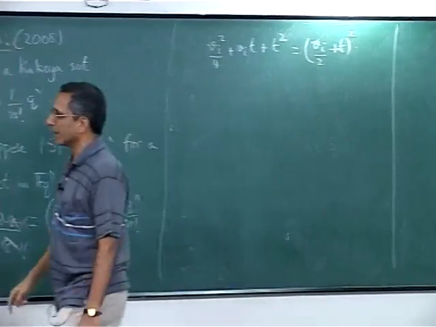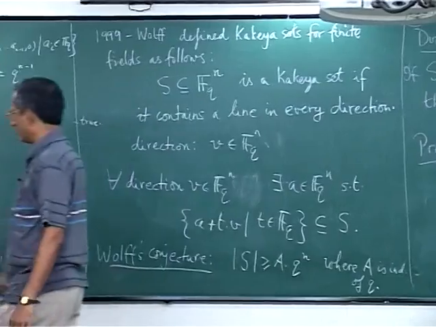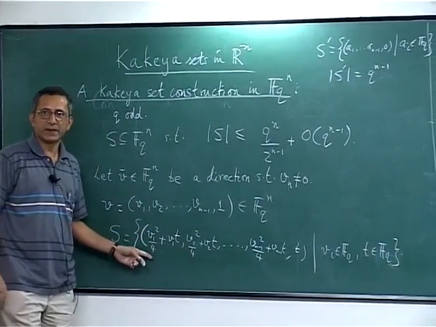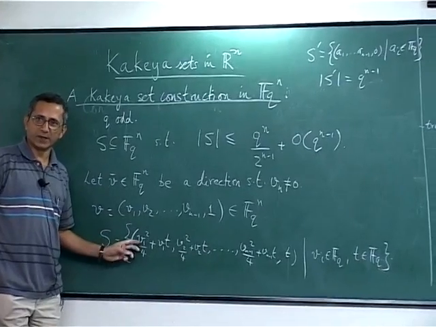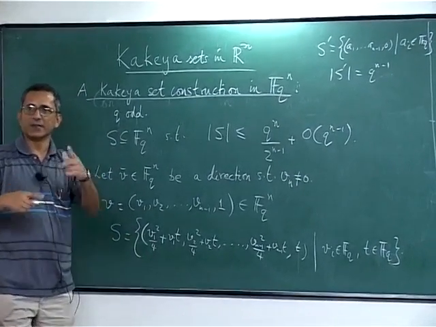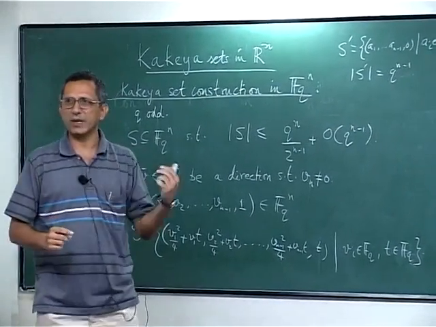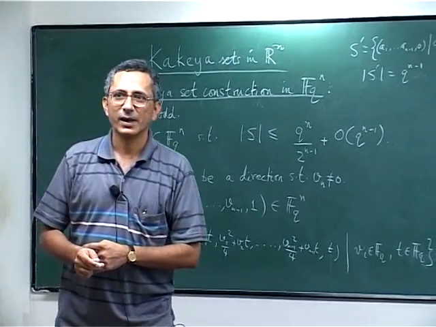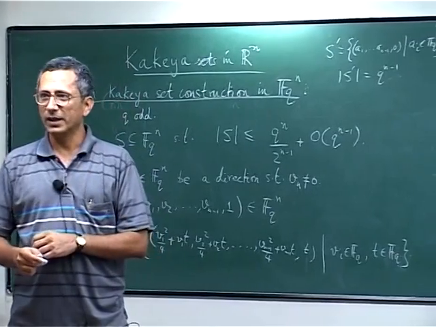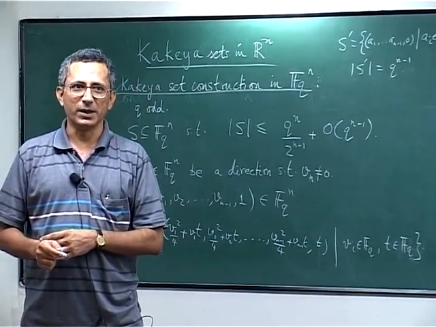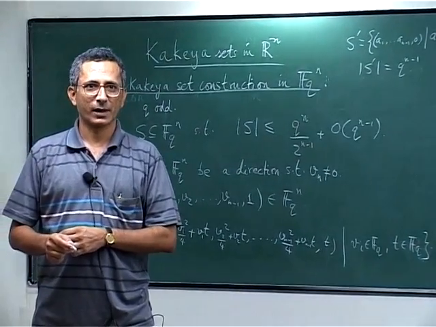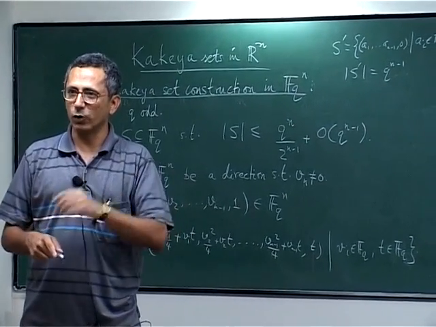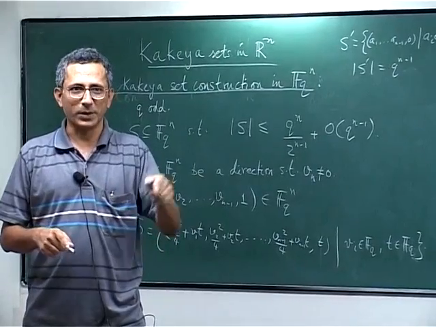By the way, note what do I mean by V1 by 4? When V1 is an element of F_q, why is V1 squared an element of F_q? That's fine because I am multiplying two elements of the finite field. What is 1 by 4 in a finite field? Because q is odd, 4 is an invertible element. 4 is just the identity added to itself 4 times, right? 4 is 1 plus 1 plus 1 plus 1.